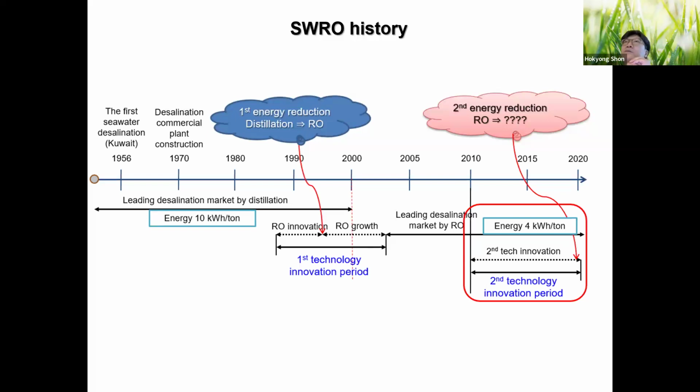He developed, oh, this is a reverse osmosis membrane, which means the opposite of forward osmosis. Forward osmosis and reverse osmosis are contradictory to each other. Initially they believed the pressure is too high, so you need to put very high pressure, and the energy required is around 10 kilowatt hours per cubic meter.